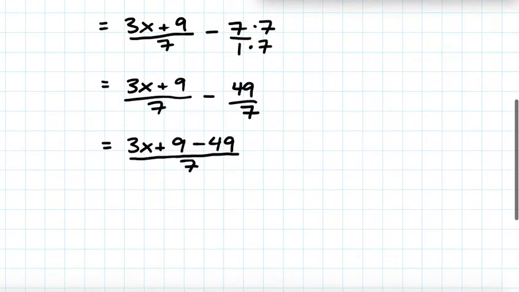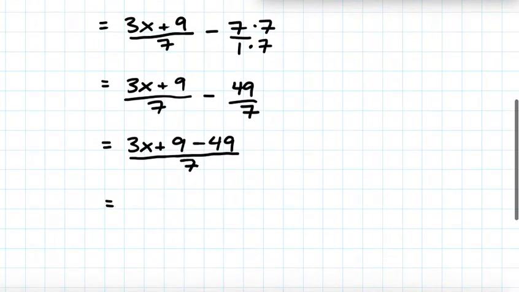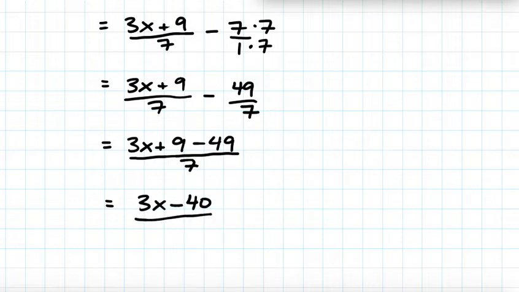And then lastly, I'm going to combine: plus 9 minus 49 is minus 40, over 7. From here, there's nothing else I can do to simplify. So in this case, it did not get all the way down to x. So this is telling me I don't even need to calculate the other one to see that they're not going to be inverse functions because this does not equal x.